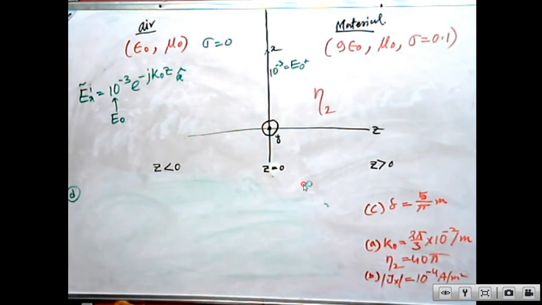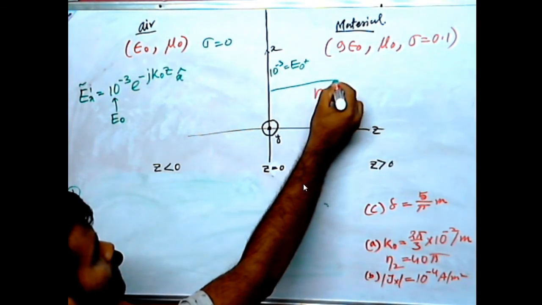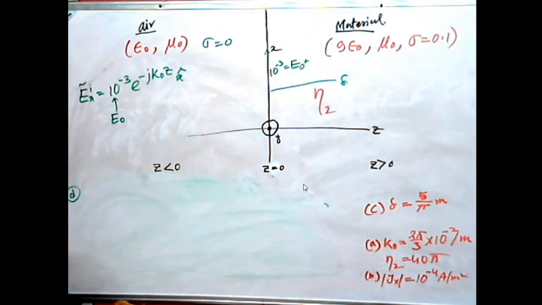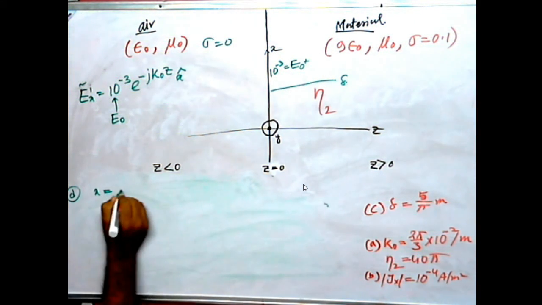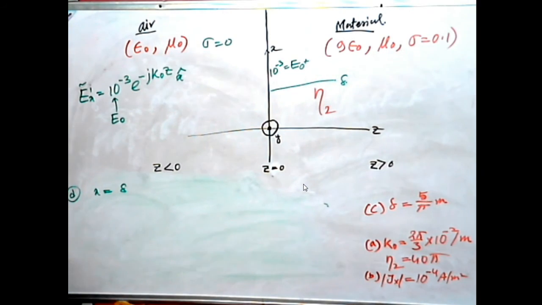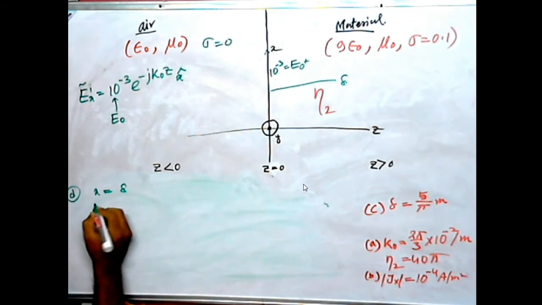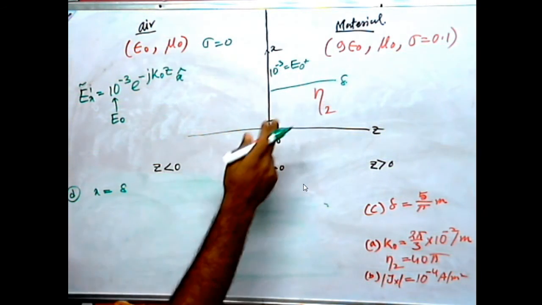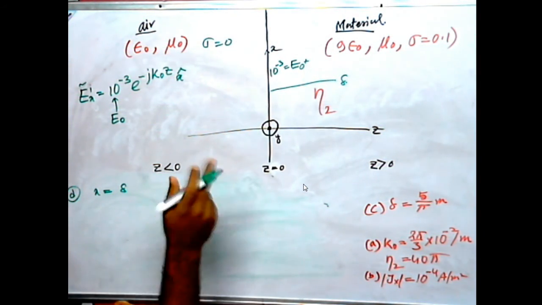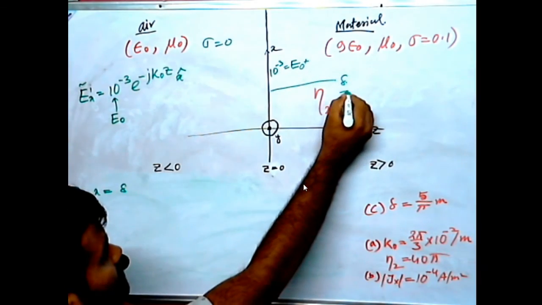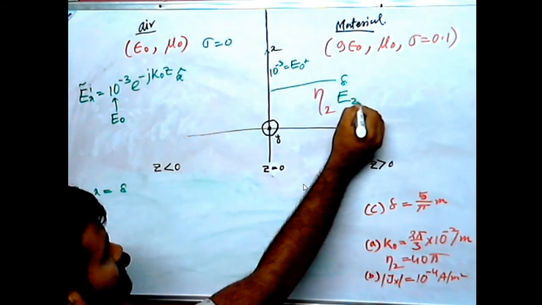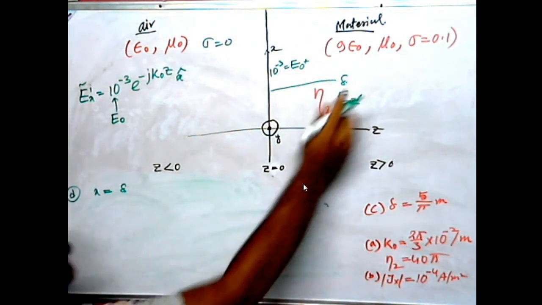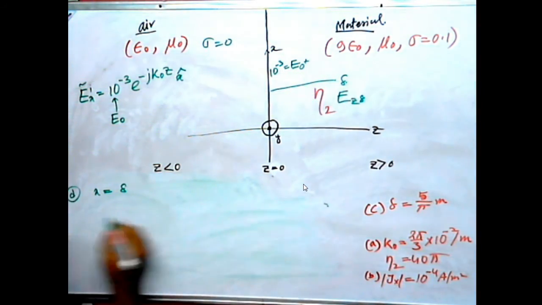Now part D, you have to determine the magnitude of conduction current density at distance delta, that is at x equals delta. In order to find that conduction current density, you have to find the magnitude of the electric field at that point. So let us assume the magnitude of the electric field over here is Ez delta.